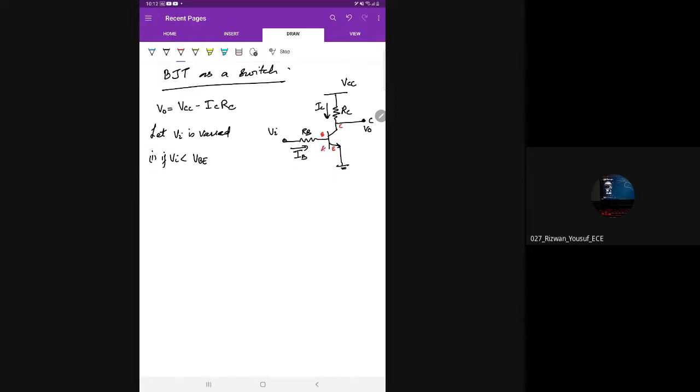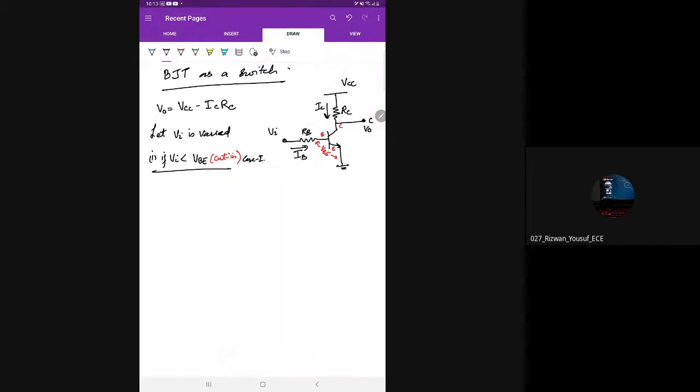If the BJT is made up of silicon, it is equal to 0.7 V. It is the cut-in voltage. So case 1: if VI is less than VBE.